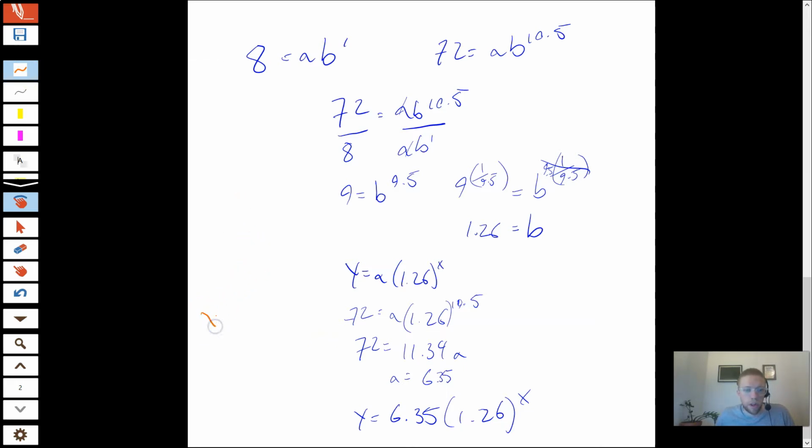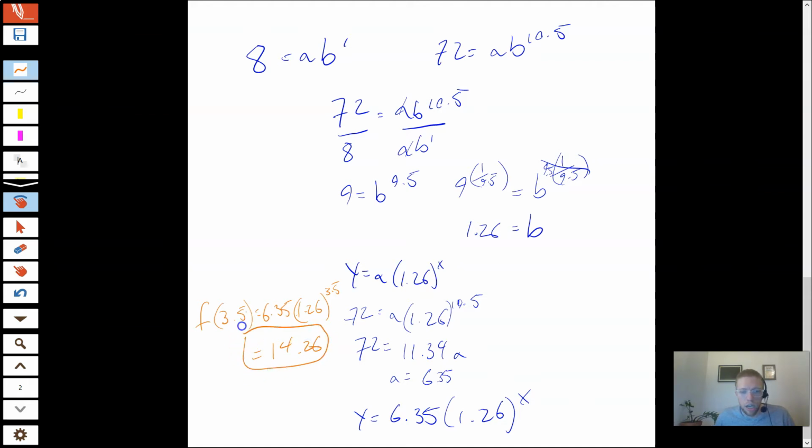So what I want is f of 3.5, and that would be equal to 6.35 times 1.26 to the 3.5 power, and then I type this into my calculator pretty much exactly as I see it, right? And I get 14.26 is my final answer.